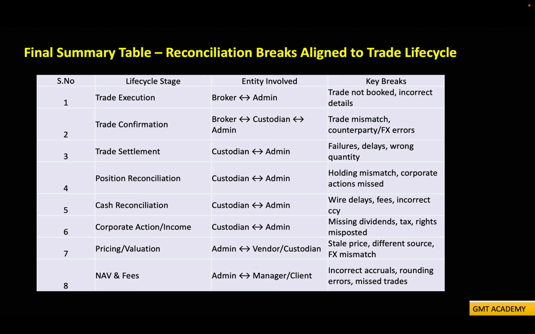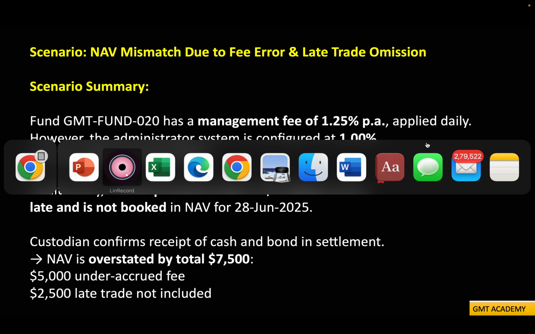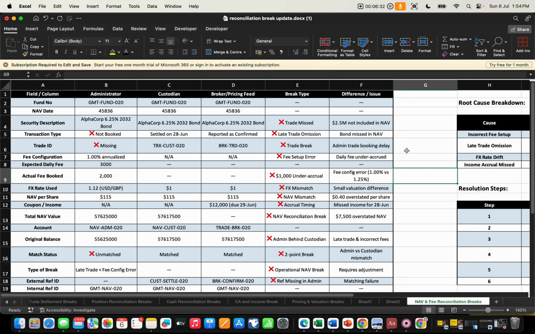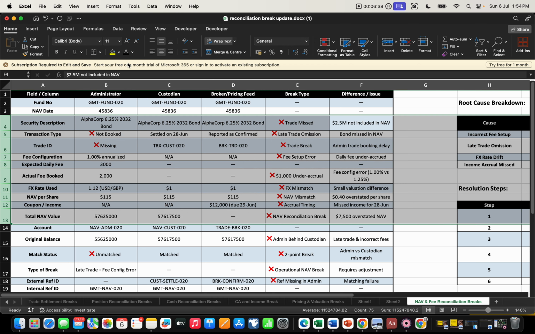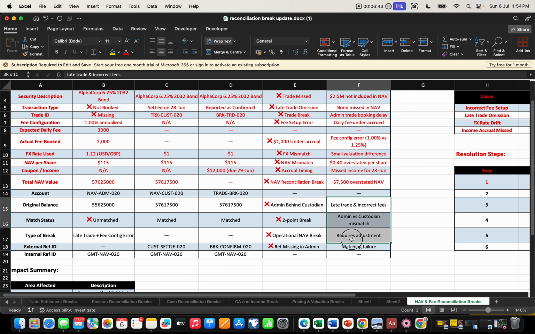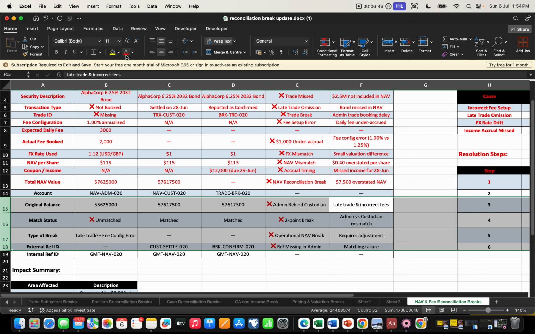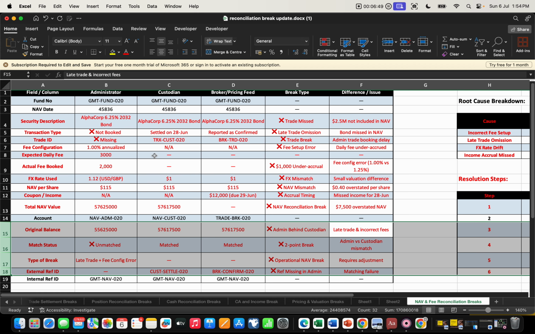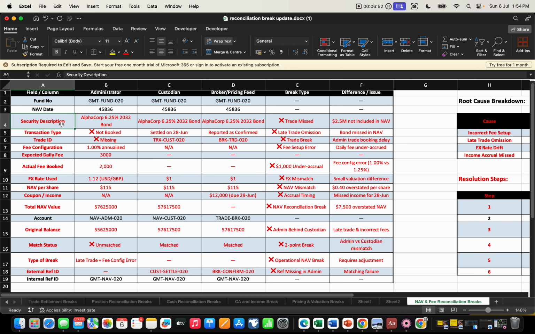So how can we resolve this break? Let me move to my Excel file. If the NAV gets delayed, everything gets impacted, or rather the NAV is not mismatched alone, everything gets mismatched. Let's highlight what things mismatch. The security description also mismatches due to the trade being booked late. The settlement transaction type is also not confirmed because the late trade was omitted in between.